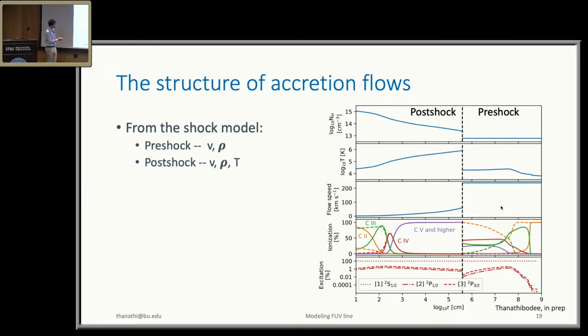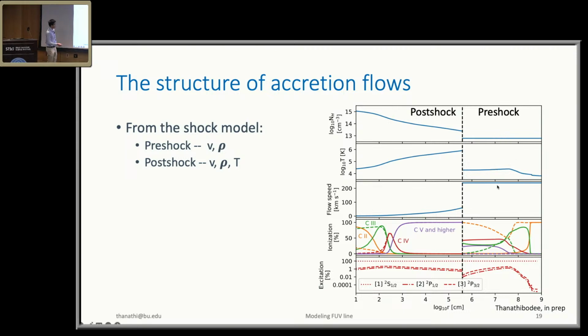From the shock model itself, it gives us for the pre-shock the velocity and the density. That's just a kinematic argument. And for the post-shock, it also calculates the velocity, density, and temperature, which vary with the radius. So the pre-shock density is constant.